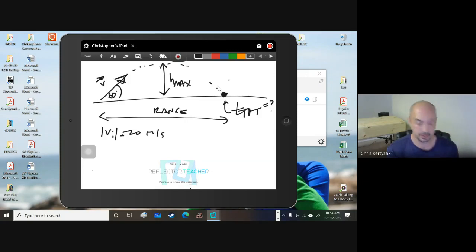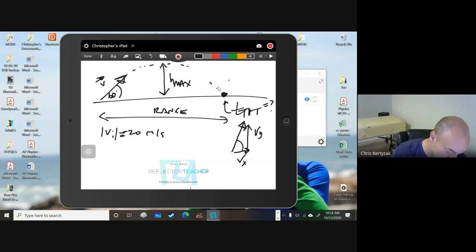So you always start usually by thinking about the components again of the velocity, since it's a two-dimensional launch. I'm not doing a good job drawing 60. 60 is more like that, where this would be Vx and this would be Vy, and there's your 60-degree angle.